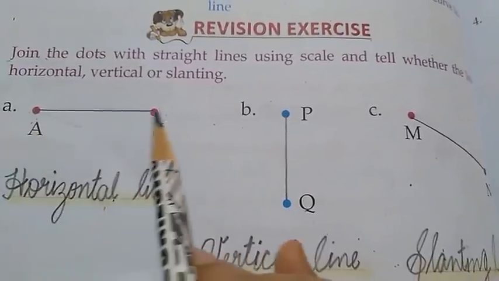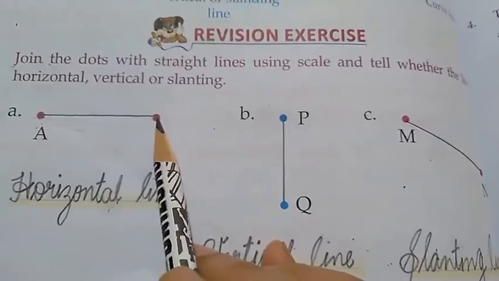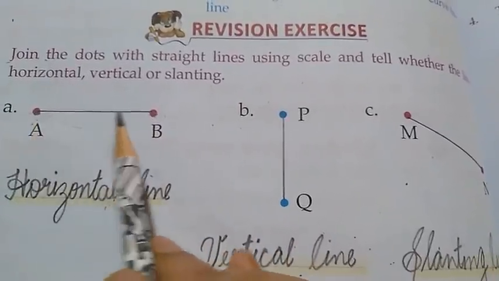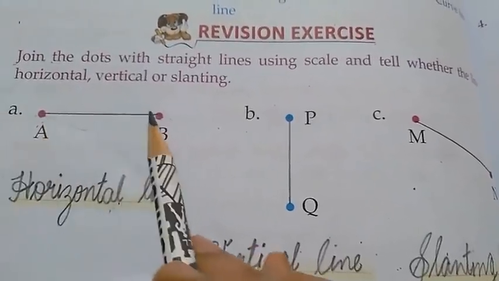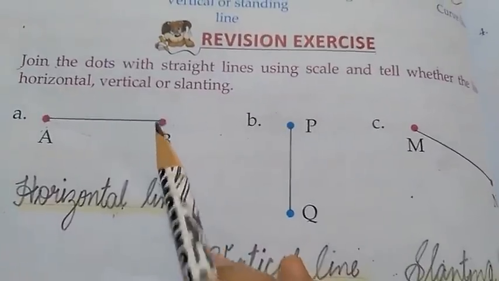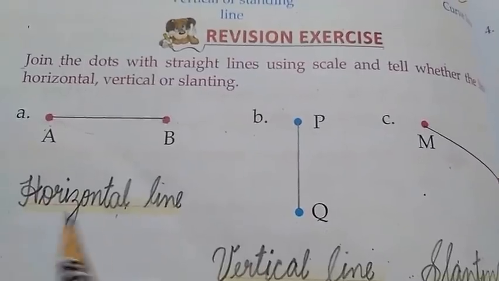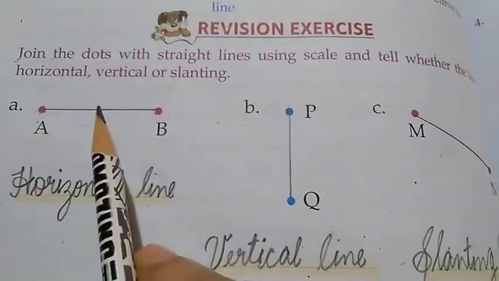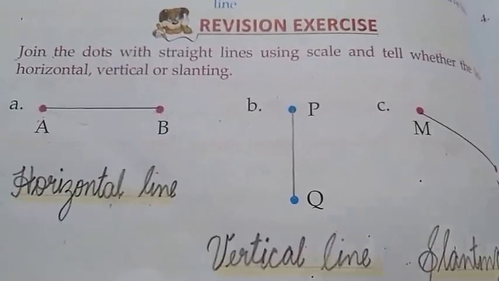When you join dot A and B using your scale, making a straight line, you will find that this line is a sleeping line. A sleeping line is also called a horizontal line. So this line segment AB is a horizontal line.